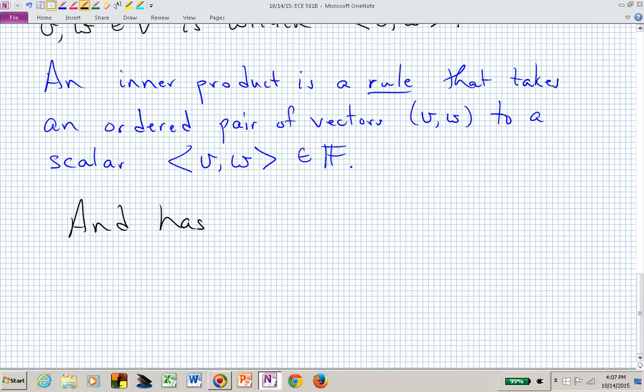But we will show in a little bit that we could actually make this concept of an inner product into a linear function. So we'll get there in a little bit, but right now all we're doing is taking two vectors from our vector space, V and W, and that generates a scalar. And this inner product has to satisfy the following properties in order for it to be an inner product.